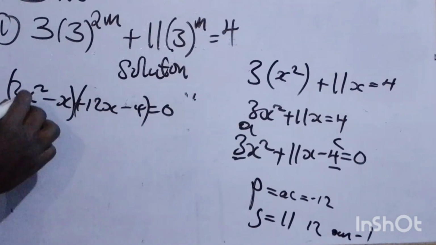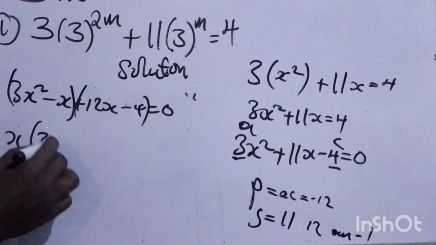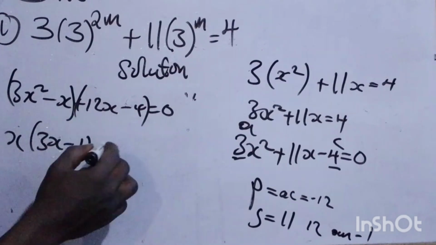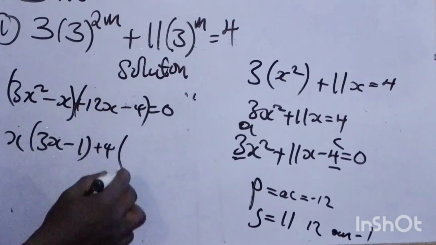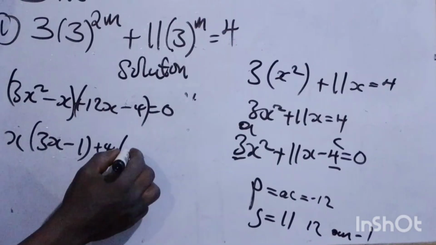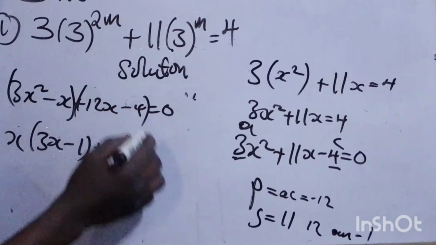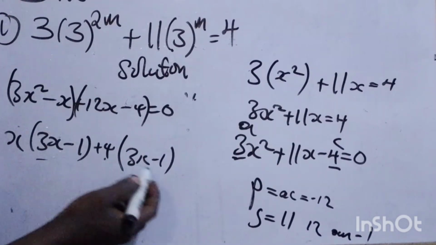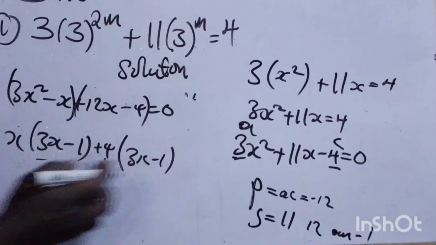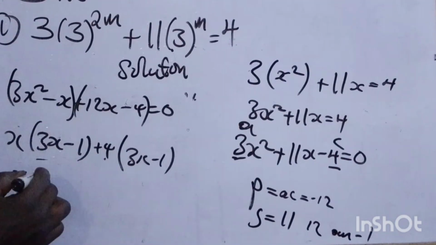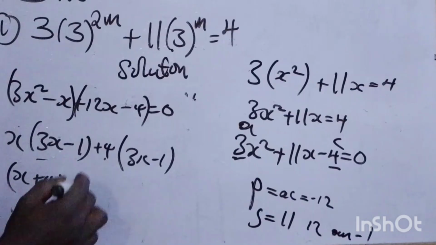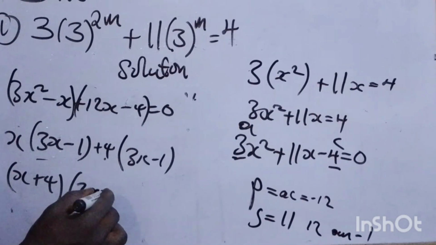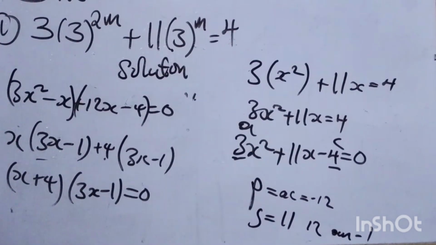So x into 3x squared gives 3x, minus x into x gives 1, so x(3x minus 1). In the second pair, what is common is 4. 4 into 12x gives 3x, and 4 into minus 4 gives minus 1, so 4(3x minus 1). These brackets are equal, so we write the common bracket once: (x plus 4)(3x minus 1) equals 0.